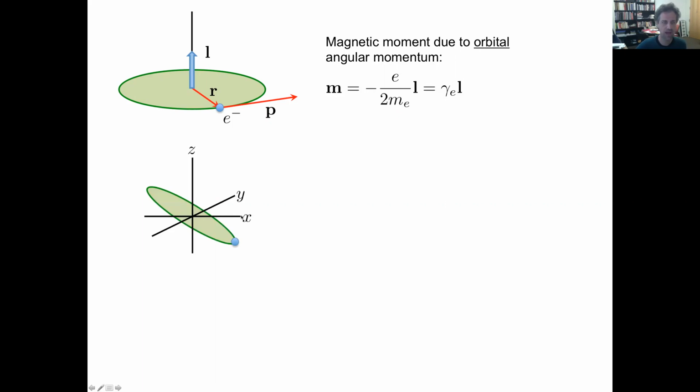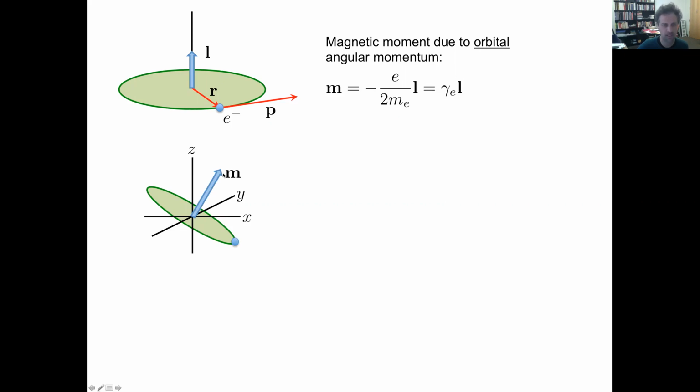So if I now have an electron spinning around in an arbitrary direction, let's say it spins around on this particular circle, then the orbital angular momentum is directed in a slightly different way, in this way, okay? And that also means that the magnetic moment will be directed in that direction. So not necessarily aligned along the z-axis, because this one is not spinning in the xy plane, it's spinning in a different plane.